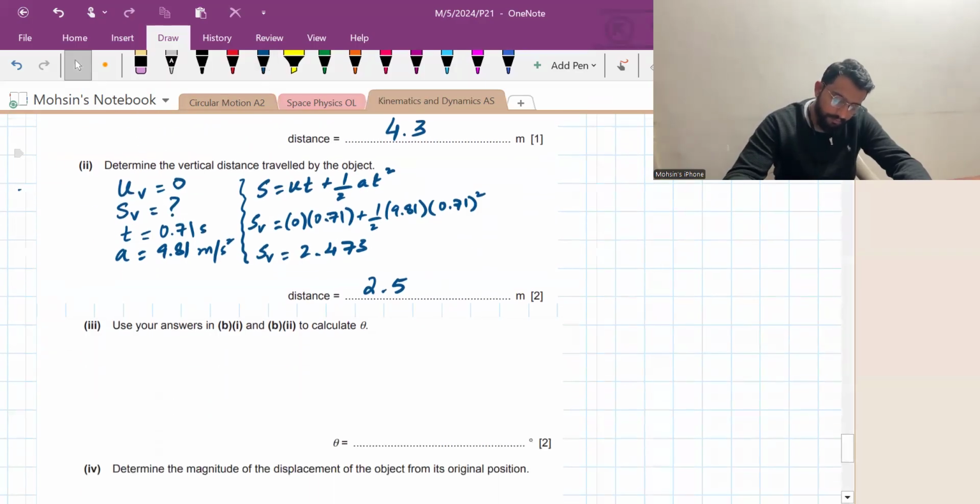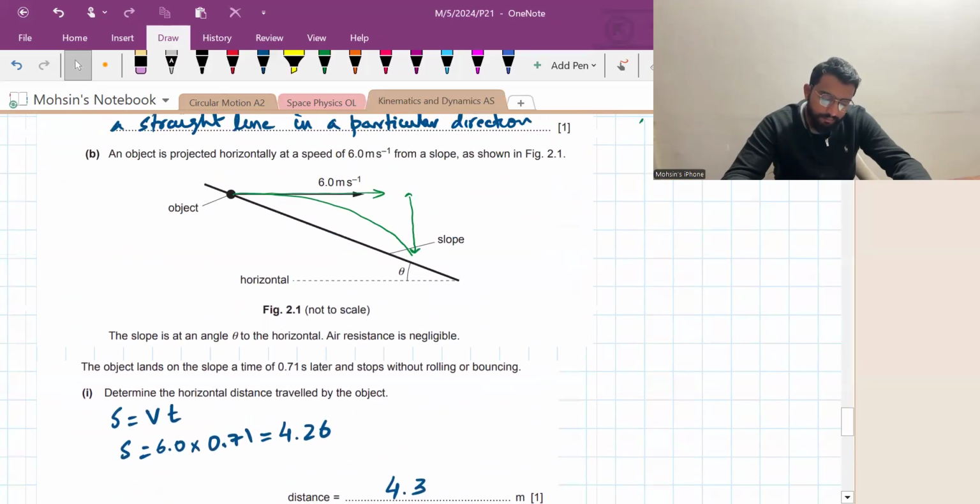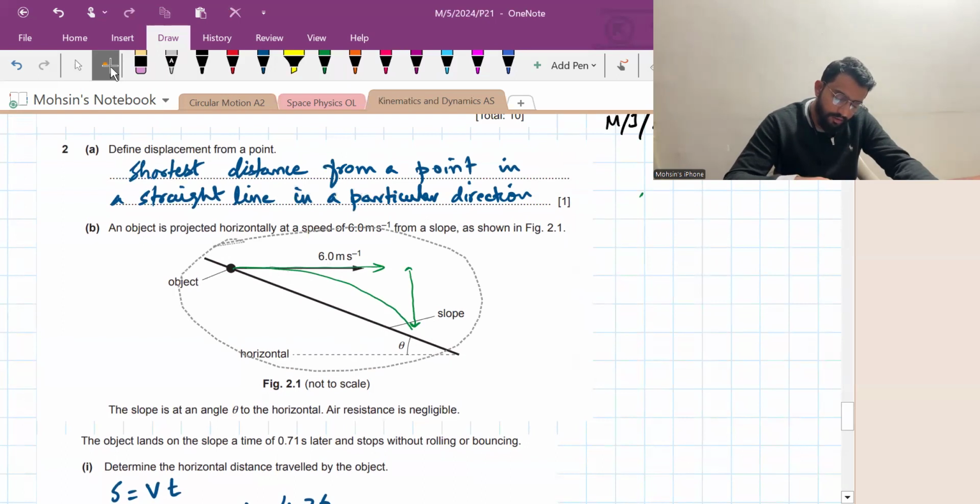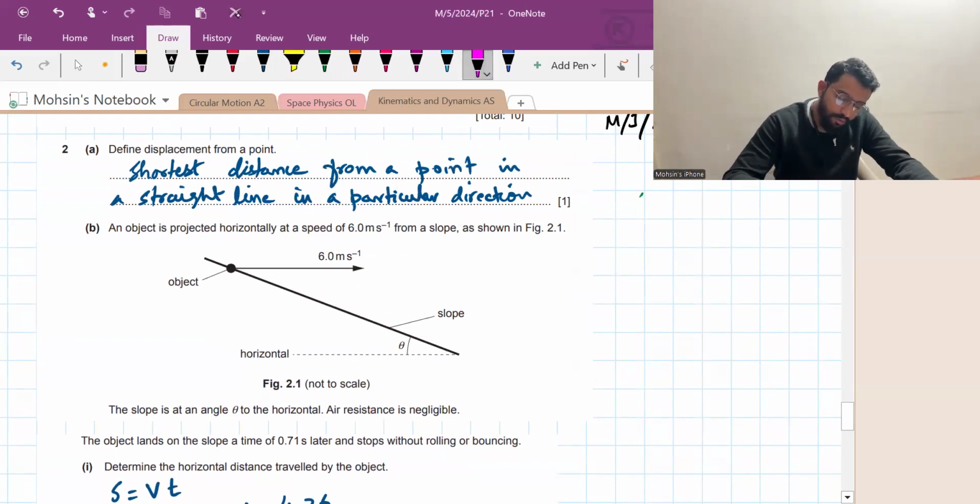Use your answers in B part 1 and part 2 to calculate theta. Okay, it is not that difficult. Basically, you have to use maths here.